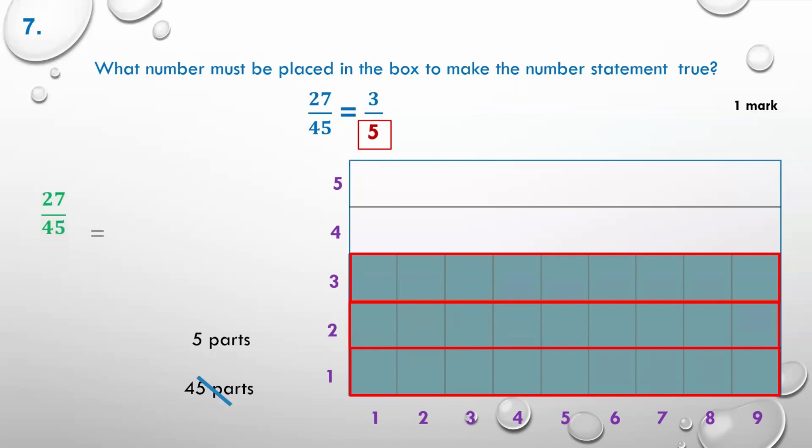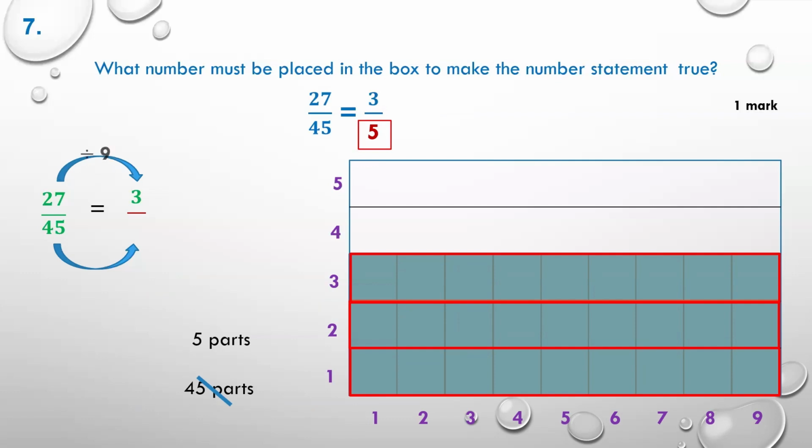The typical way teachers teach it, 27 over 45 is equal to 3 over something. And how do we move from 27 to 3? Are we getting larger or smaller? From 27, we're getting smaller to go to 3. So does that mean we have to multiply by a number or divide? In order to get smaller, we divide by a whole number.